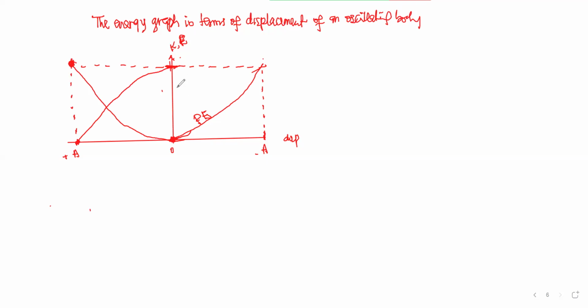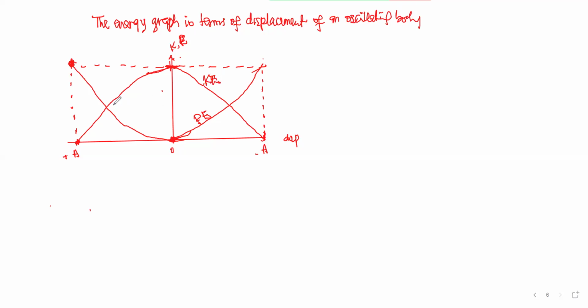Then from the mean point to the other extreme, we have a decreasing kinetic energy. By the time we get to the other extreme, it has decreased to 0. So this is also a graph of kinetic energy.